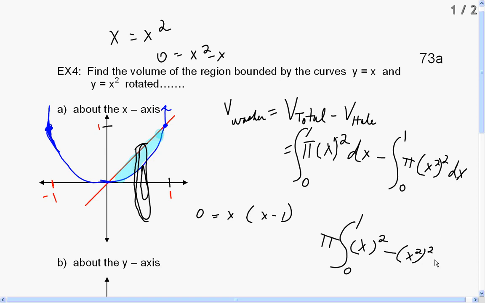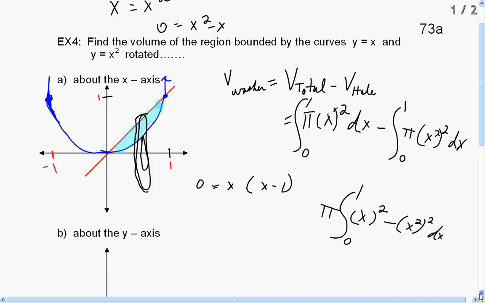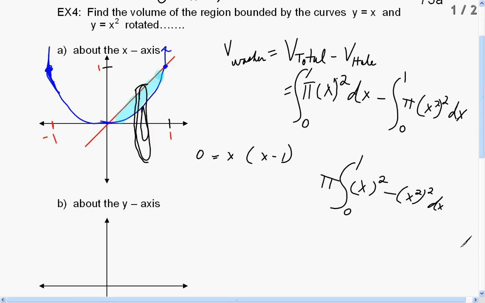This is called the washer method. All I have to do is do my outer radius minus my inner radius. It's just like when we were doing the disk method, except I'm subtracting off the radius that I don't need.